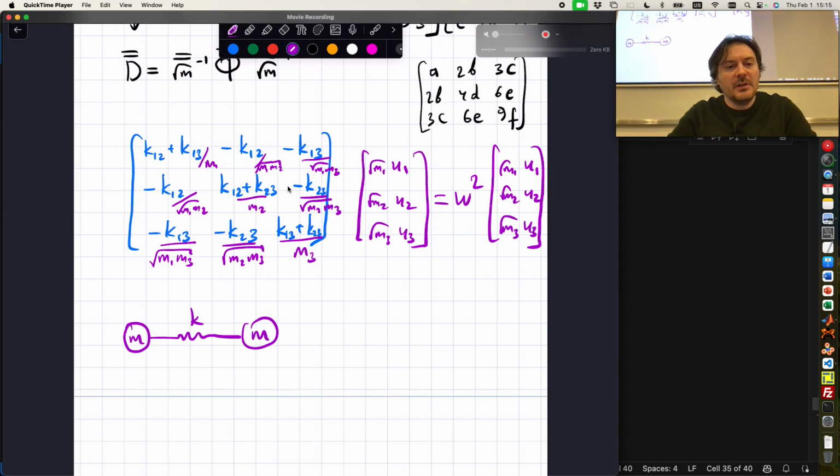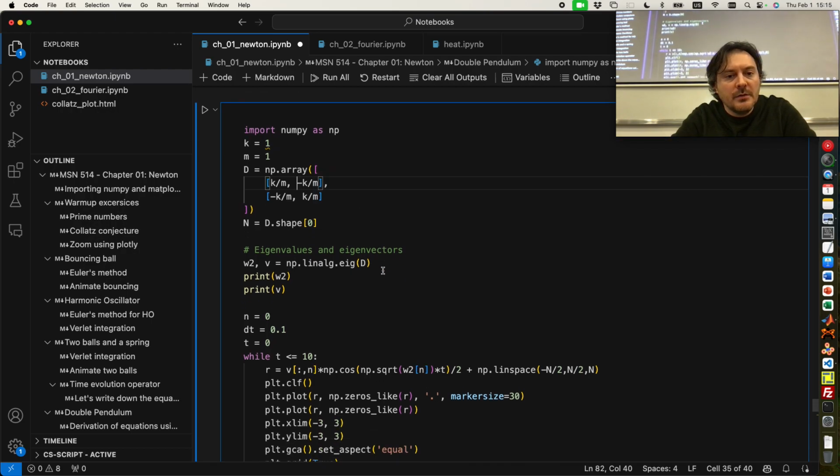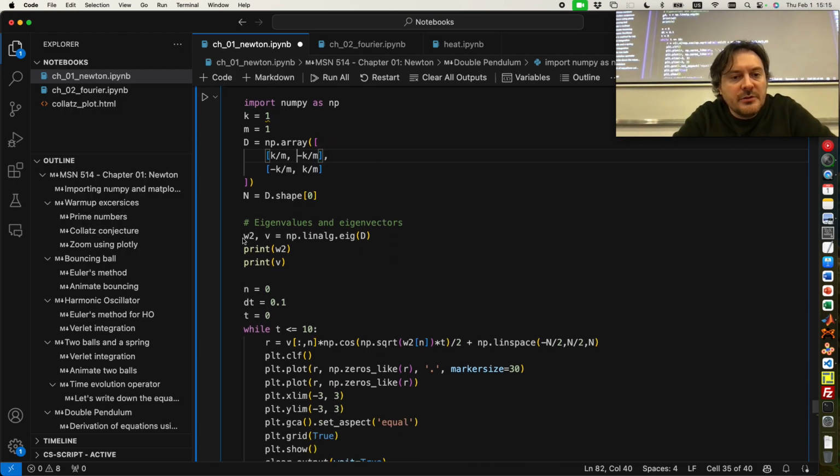So its dynamical matrix is basically K over M, minus K over M, minus K over M, K over M, like that, right? Now, we are going to create eigenvalues and eigenvectors, and this is omega squared, remember that, okay? Since I have taken M to be 1, I'm not bothering with division by square root M here. But I just wrote this code, so I will improve it.